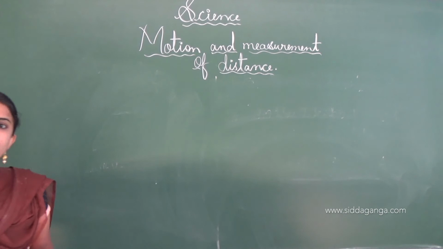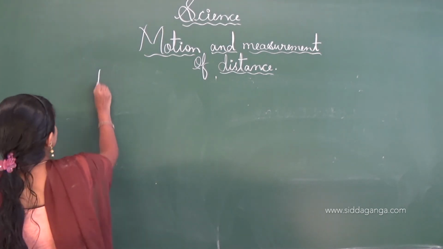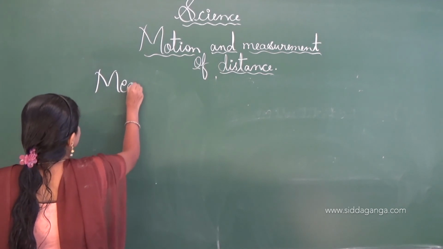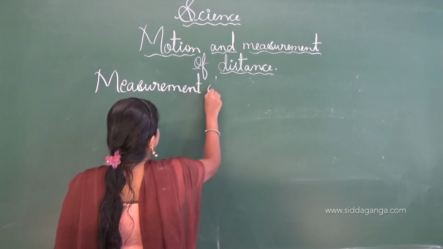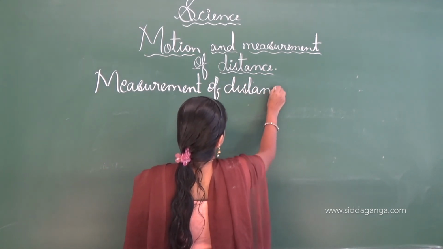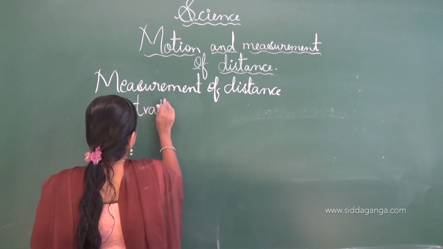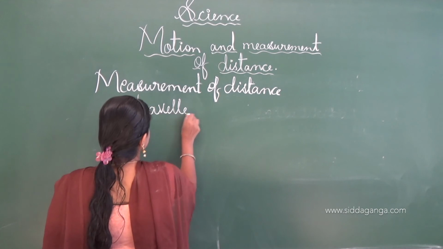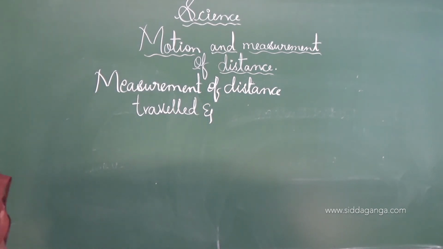See, next one is the measurement of the distance travelled, and the width of a disc.